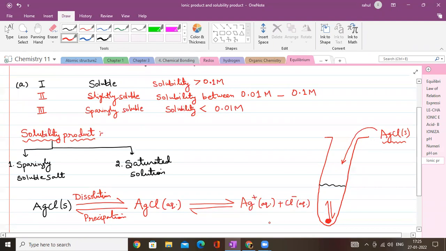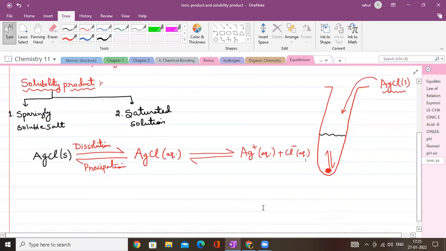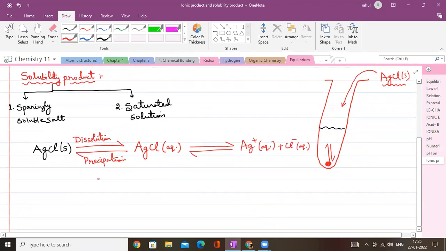Now, if you remember, I have already told you that if I ask you to find K, that is of course the constant, I have to consider only this. It was just for imagination that I have taken AgCl here. So if Ksp of AgCl has to be calculated, K will be equal to what?